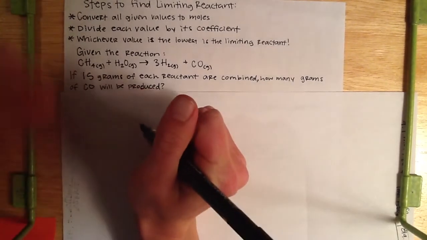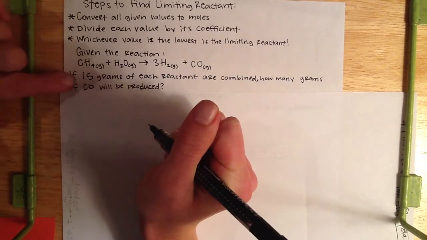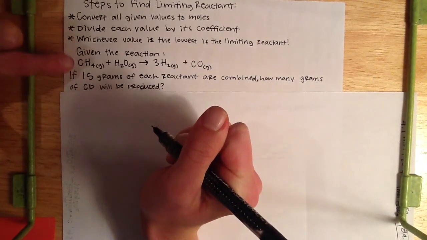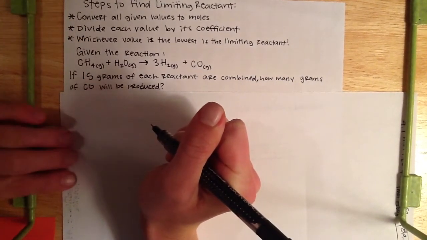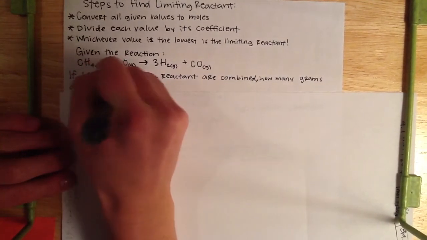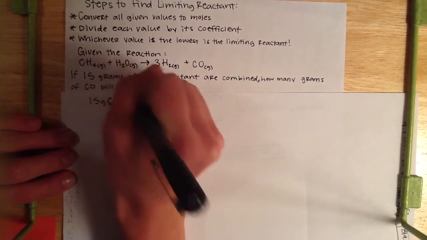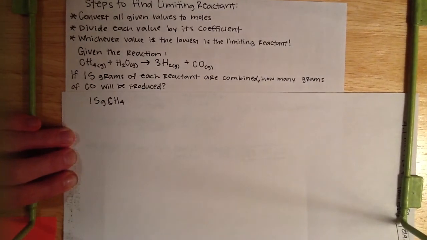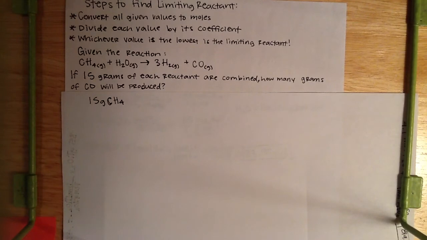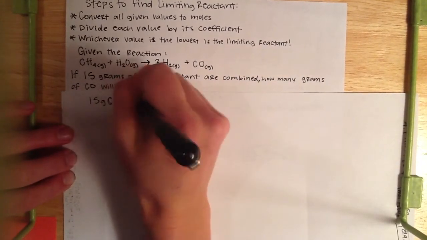Alright, so let's look at our first step. It says convert all given values to moles. So our given value is 15 grams of CH4 and 15 grams of H2O. We need to convert both of those to moles. So let's start with CH4. 15 grams of CH4. Okay, so we have 15 grams of CH4 and we're converting that to moles.